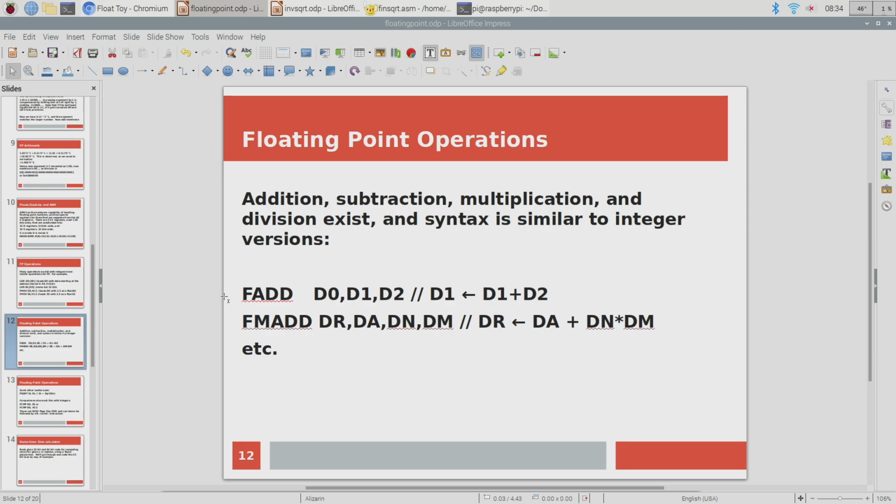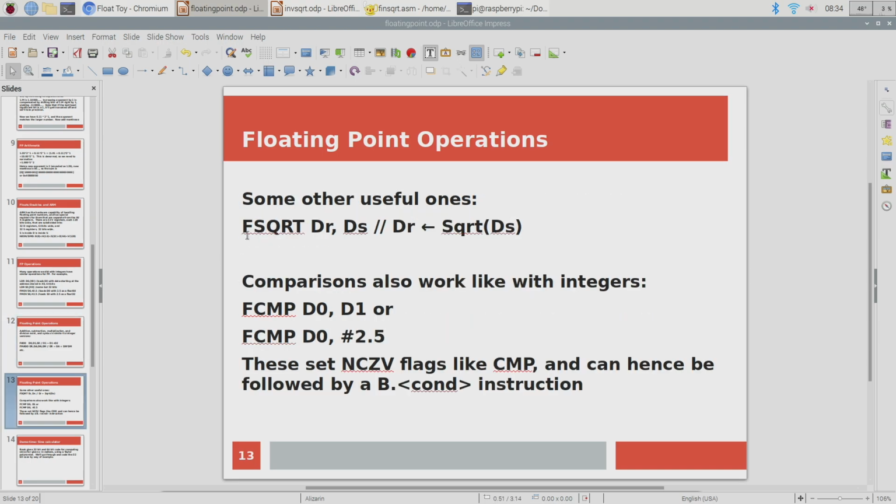So nothing particularly special there, but what you do get are some instructions that obviously don't make sense in the integer department. For example, square roots, right? Doesn't make sense to do integer square roots because, well, most of the time you're going to get something that's a number that's irrational, and you can't do that as an integer.